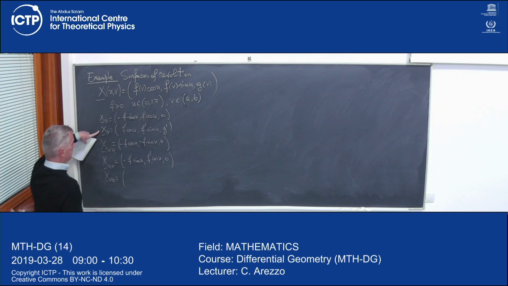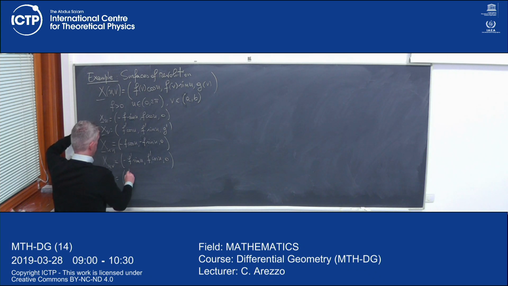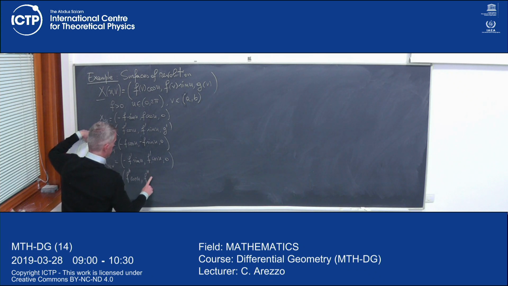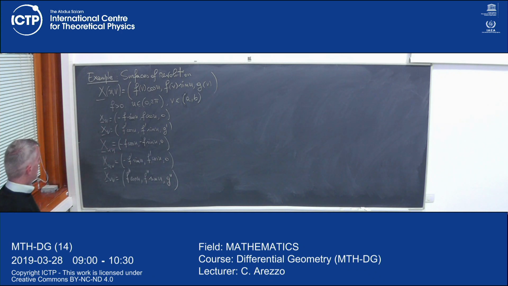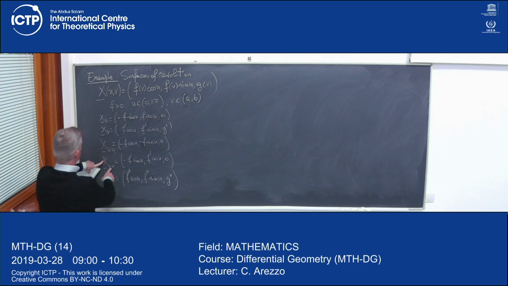XVV is this with respect to V. I'm not sure I took the derivative of the right line. So XU is this, then I take the derivative with respect to V.